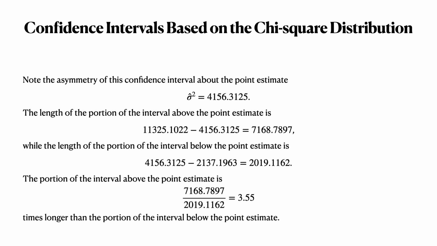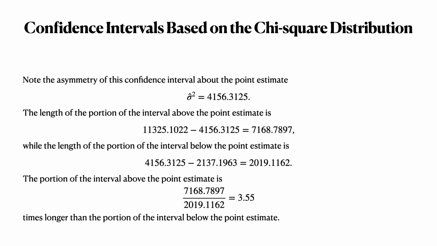The length of the portion of the interval above the point estimate is given by this difference, so the upper end point minus the point estimate, 11325.1022 minus 4156.3125. And so the length of the portion of the interval above the point estimate is 7168.7897.